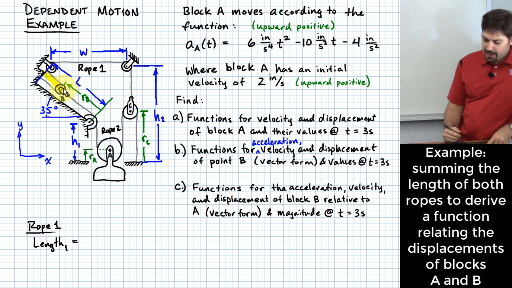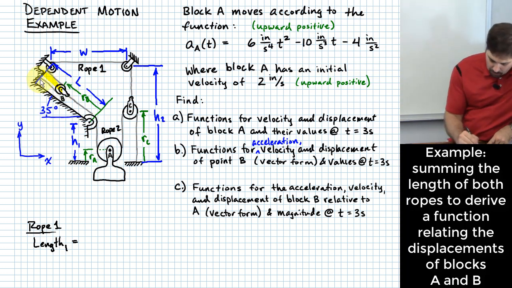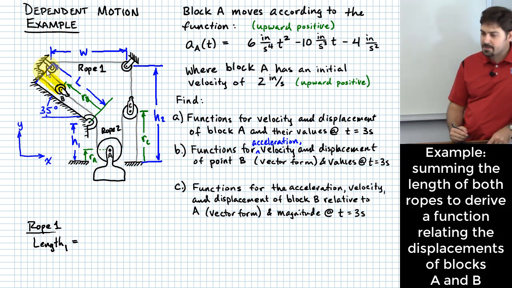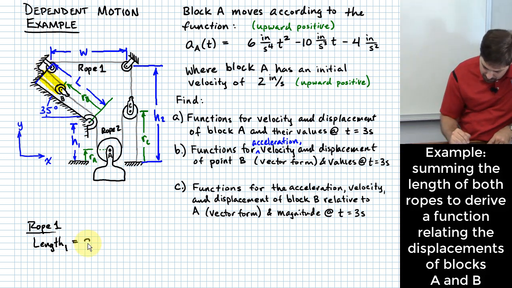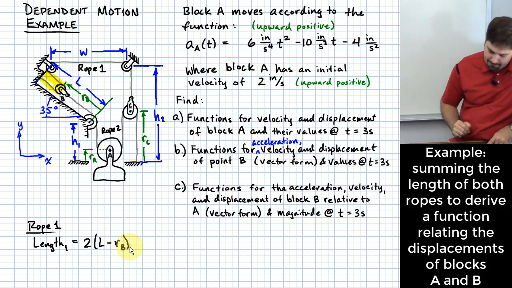How much rope do I have there? Well, I have 2 of those, right? So I have rope that comes up along here, and then another rope that goes up along there, right? So I have 2 lengths that are L minus R sub B. So I'm going to say 2 times L minus R sub B.